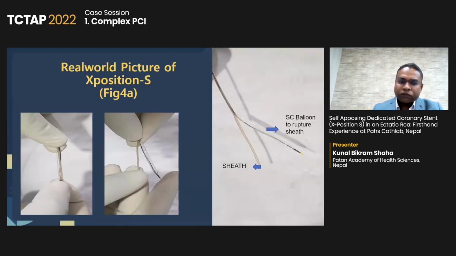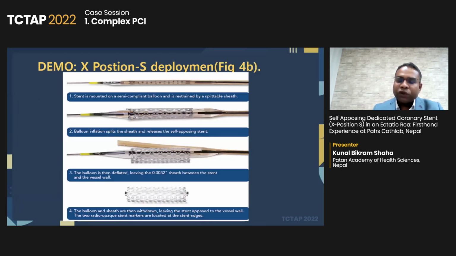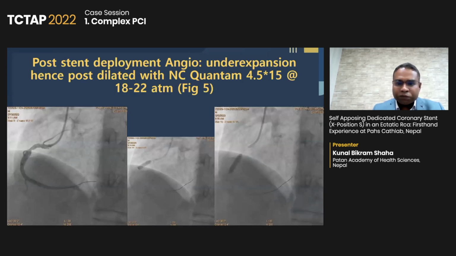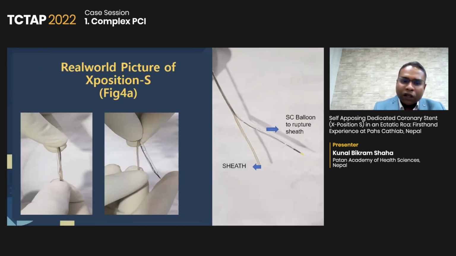The next thing we need to keep in mind is the retrieval of the system after stent deployment. When you inflate the semi-compliant balloon, the outer sheath splits up and gets jailed between the vessel wall and the outer portion of the stent.